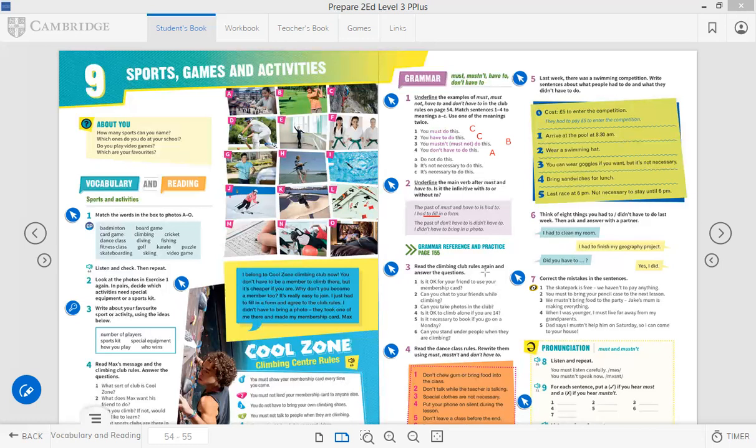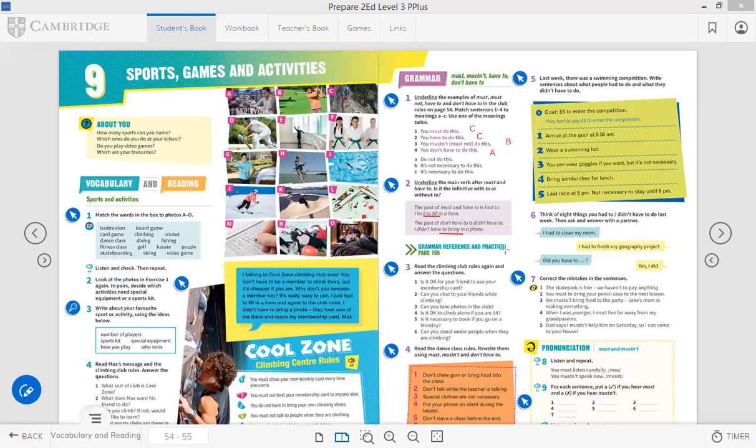With to, exactly. So the only place you use to is when you use have to. With must or mustn't, impossible, do not use to.